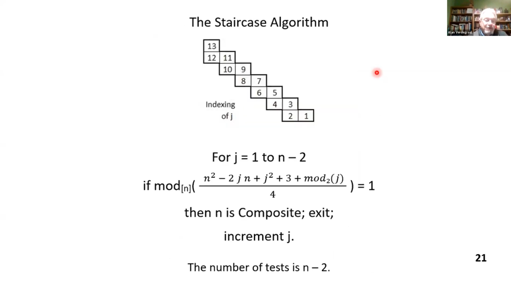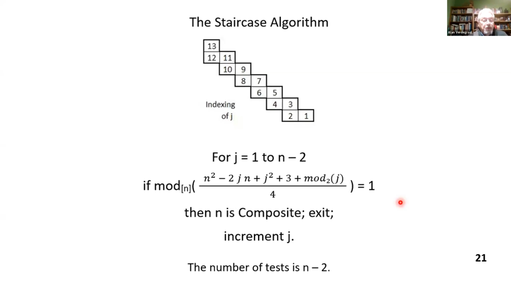So the staircase algorithm, I devised with an algebraic expression. It only has one index because it basically will march up using a single index and then test for the value 1. And if it is 1, then it's found a composite number, and we can exit the algorithm.